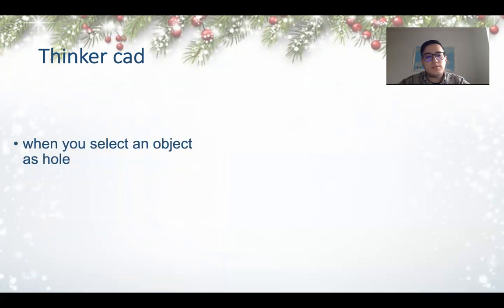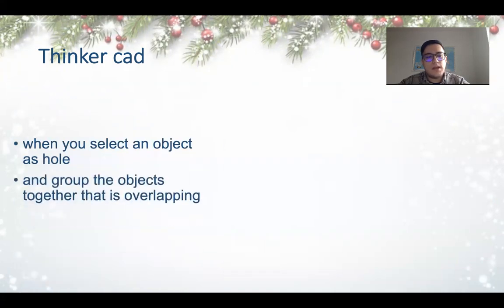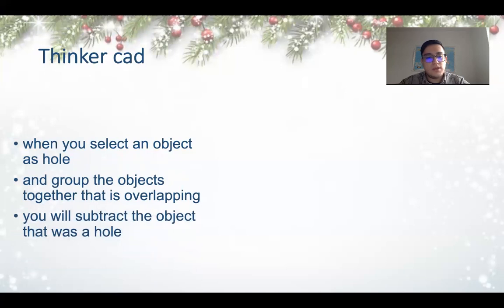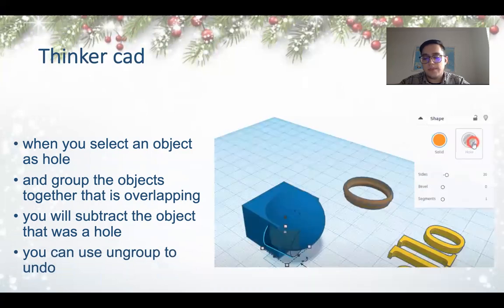When you select an object as a hole and group it with overlapping objects, it will be subtracted from them. You can use ungroup to undo this process. So when we have these three objects together and this one, you can come here to set it to be a hole like this.